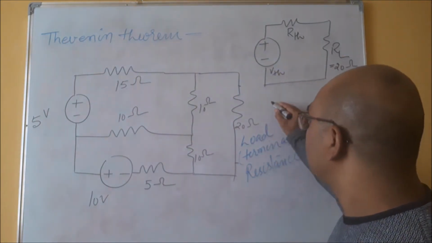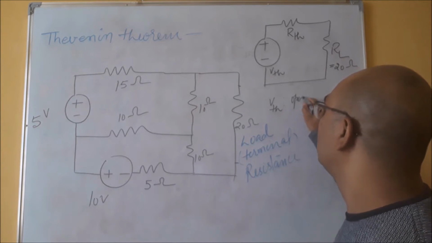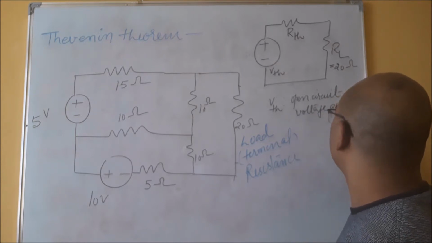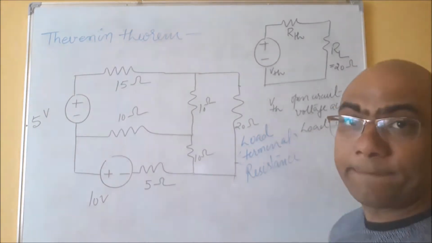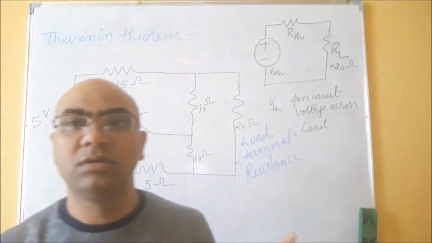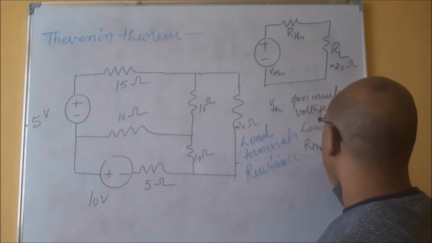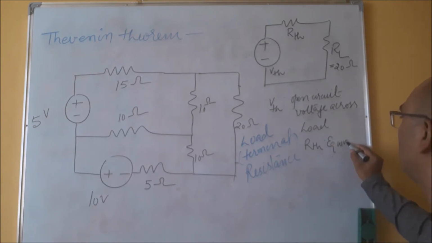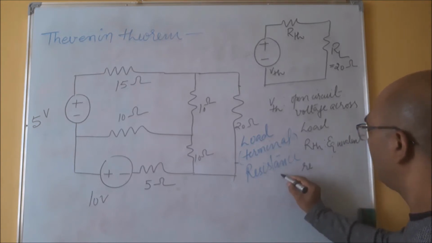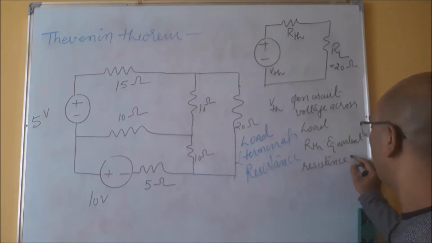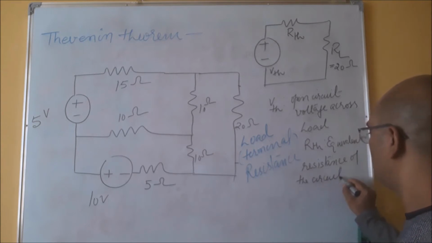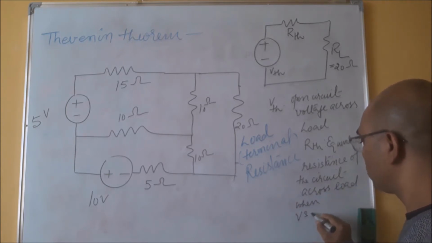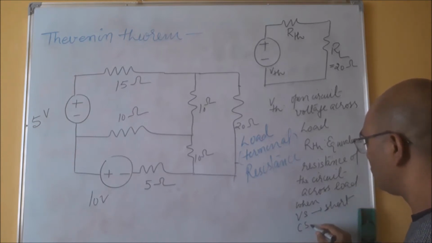VTH is the open circuit voltage across the load, and RTH is the equivalent resistance of the circuit across the load when voltage sources are short and current sources are open.